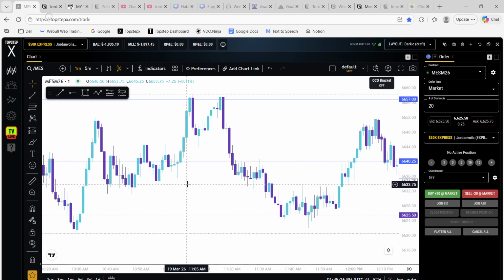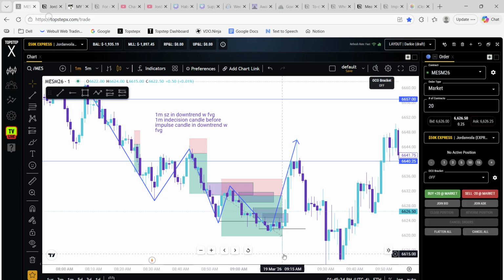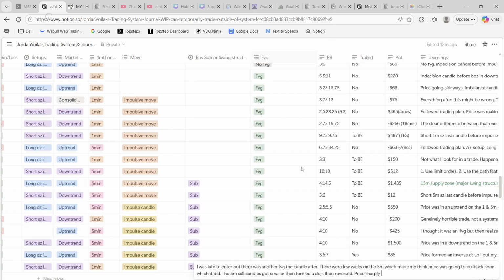Did it sharply take out the low or something? No, I didn't take out no low. I don't know what that was, to be honest. Price sharply TP'd, then reversed.